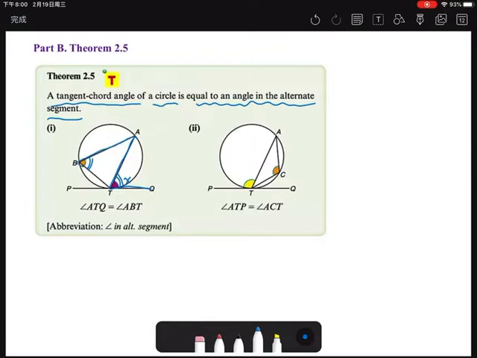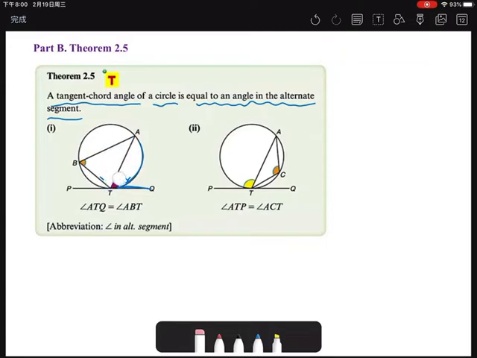It means the angle at circumference subtended by the arc inside the tangent-chord angle equals the tangent-chord angle. Similarly here, this is a tangent-chord angle, and it equals the angle subtended by the arc inside it. So we identify the arc.